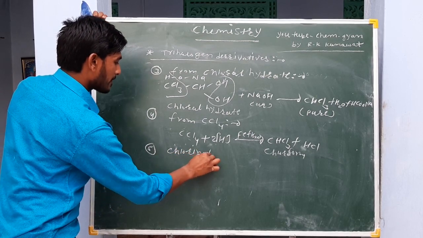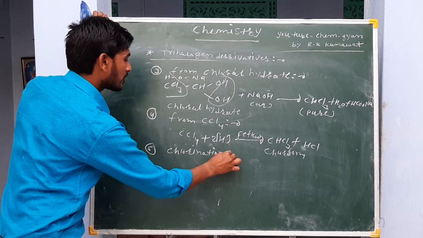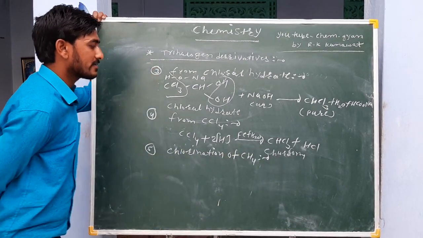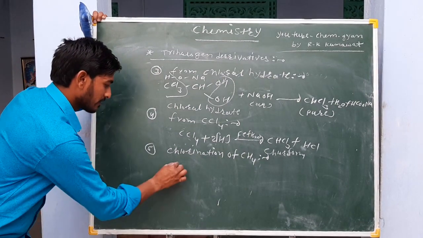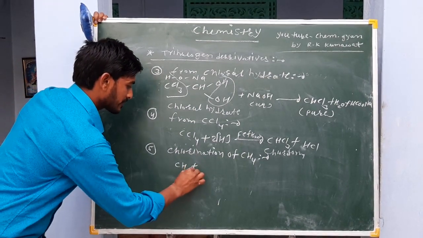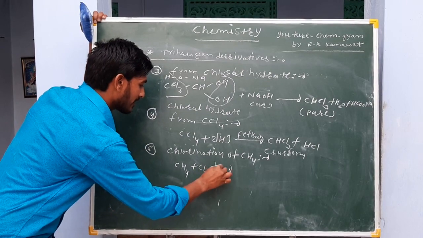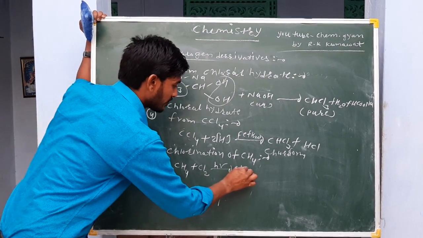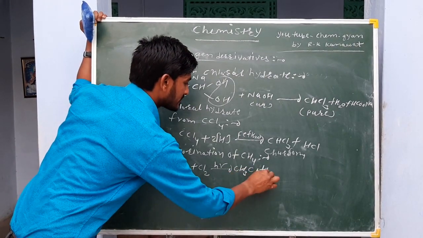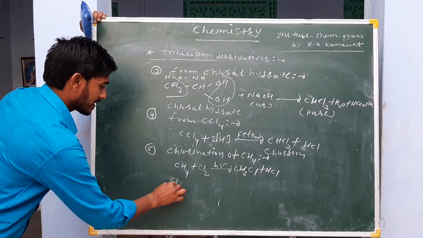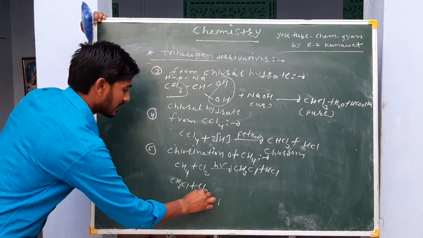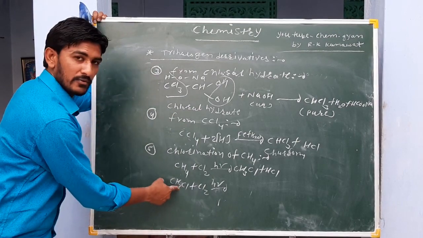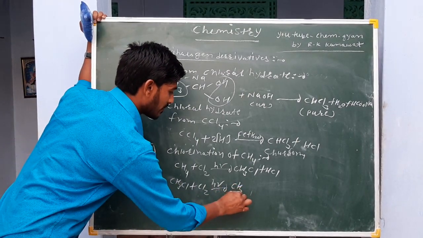The last reaction for preparation of trihalogen derivatives is number 5, chlorination of methane. CH4 plus Cl2 in the presence of light. Hydrogen is replaced by a halogen atom and the product methyl chloride is formed, and HCl is removed. In the second step, CH3Cl plus Cl2 in light, hydrogen is removed by Cl and the product CH2Cl2 plus HCl is formed.